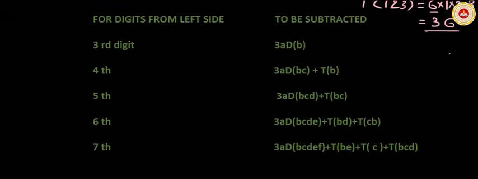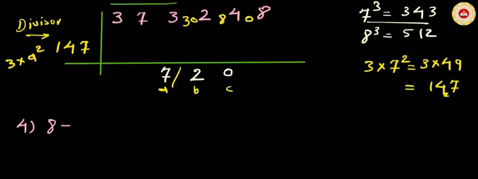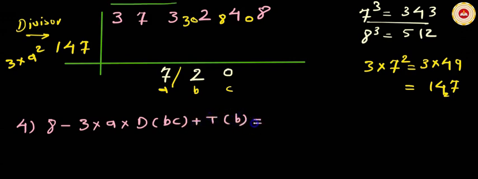Let us refer to this table. Fourth digit: 3 multiplied by A multiplied by duplex of BC plus triplex of B, which is equal to 8 minus 3 multiplied by A, that is 7, multiplied by duplex of BC, that is duplex of 20.